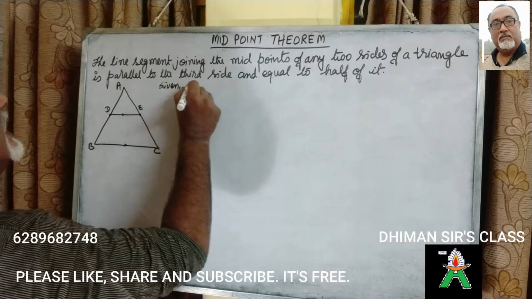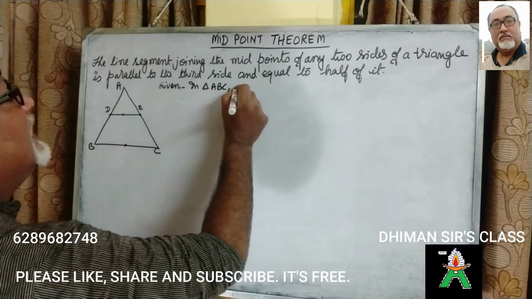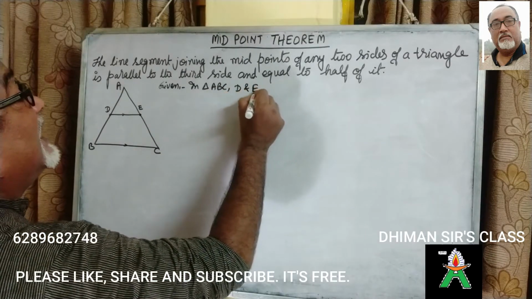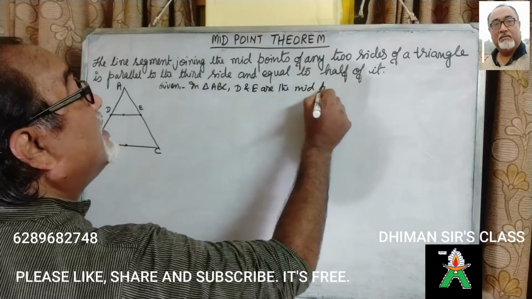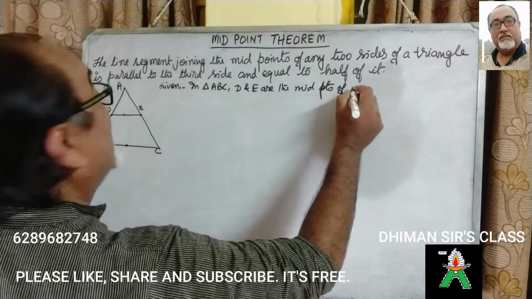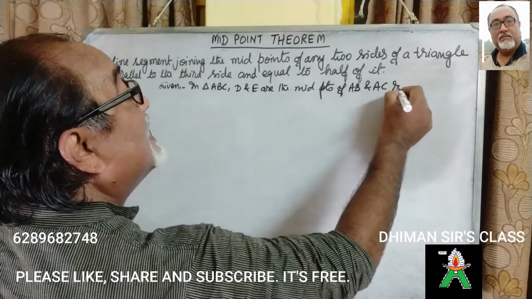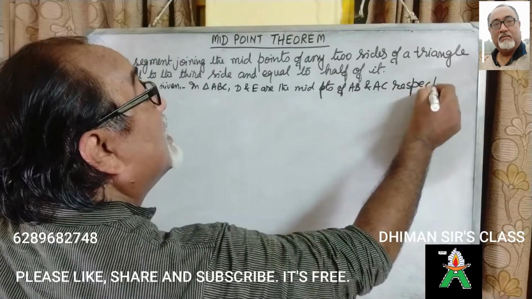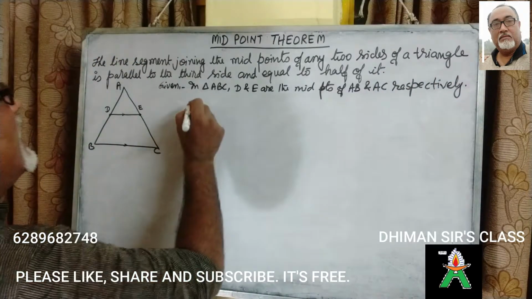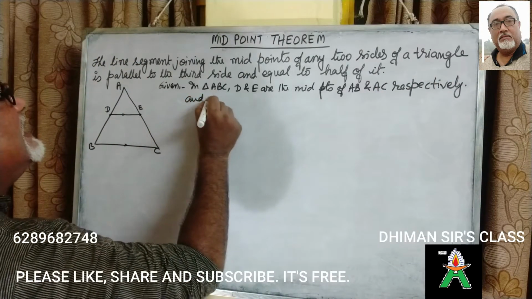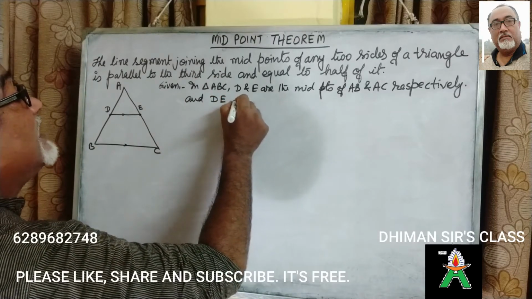We are given in triangle ABC, D and E are the midpoints of AB and AC respectively, and DE is drawn.